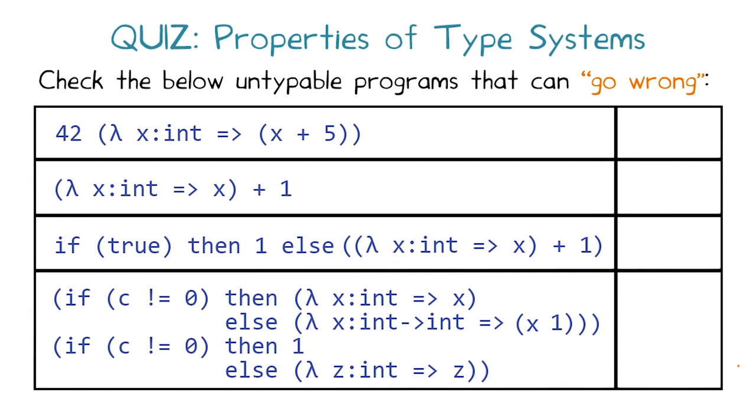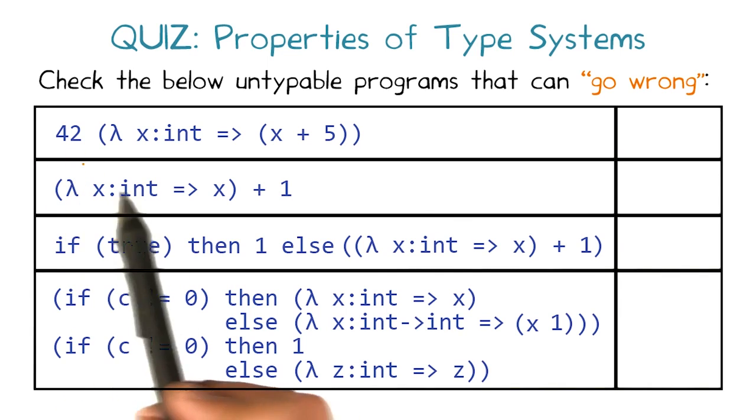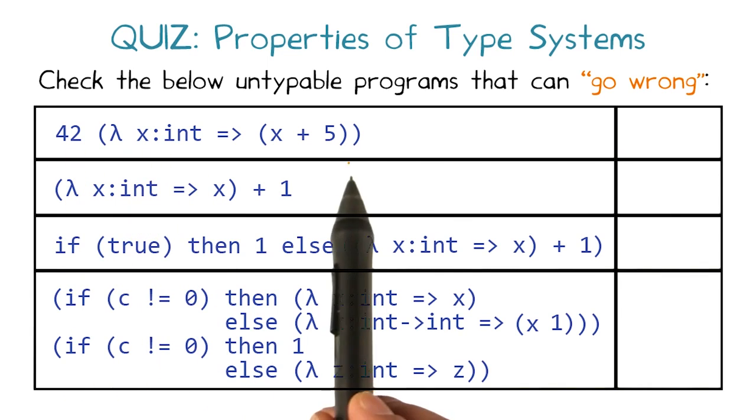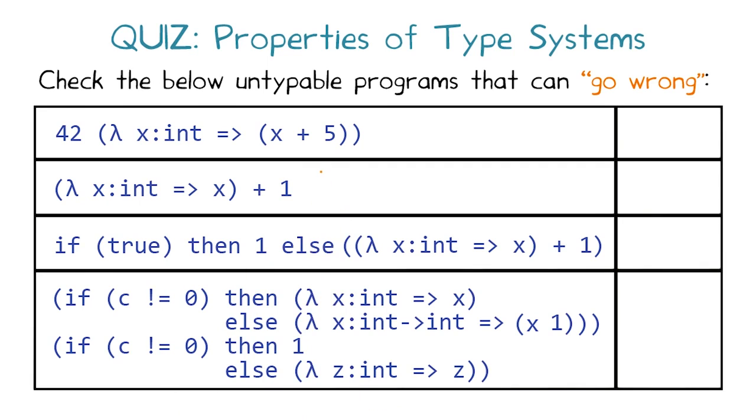Consider the following 4 programs. 42 applied to the function lambda x of type int yields x plus 5. The function lambda x of type int yields x plus 1. If true, then 1, else lambda x of type int yields x, and the whole thing plus 1.